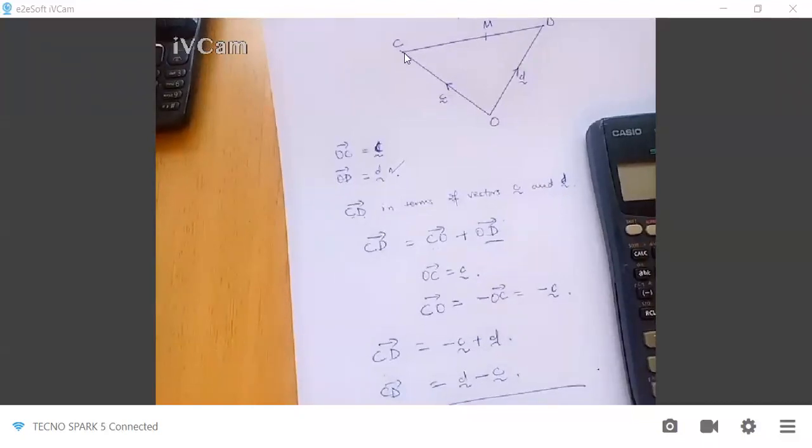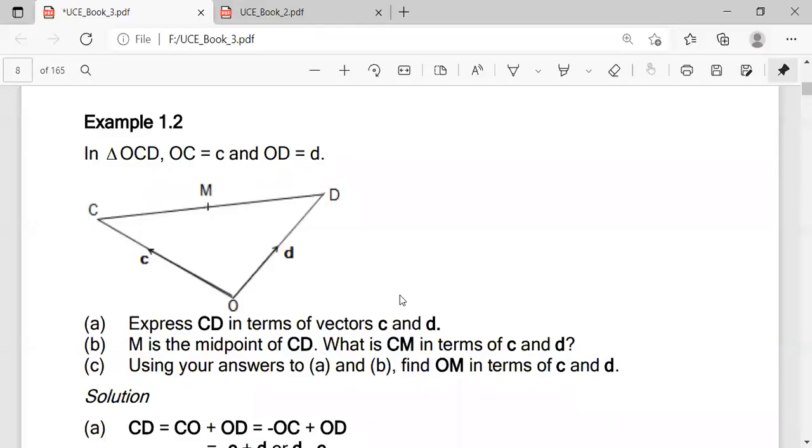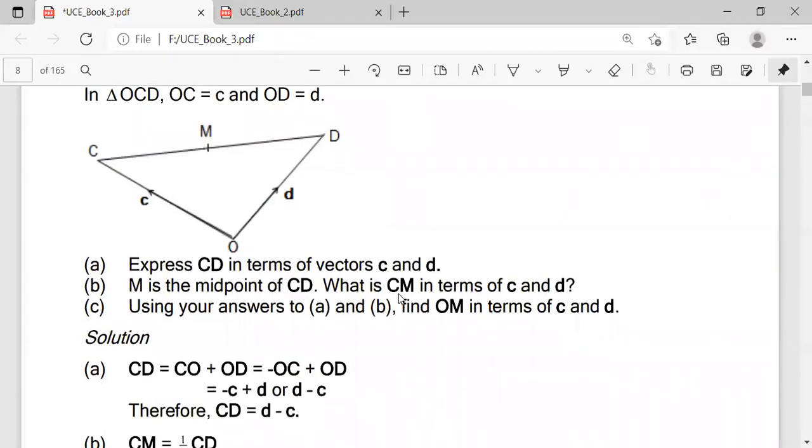Okay. Let us go back to our question. Part B says that M is the midpoint of CD. Remember, yesterday we looked at midpoints: a point that divides the line into two.